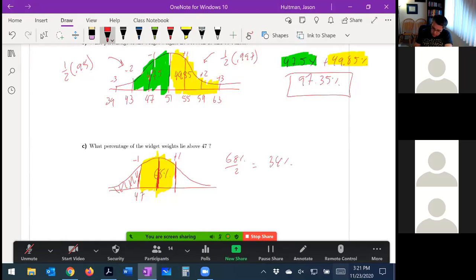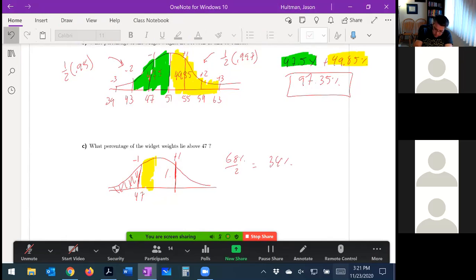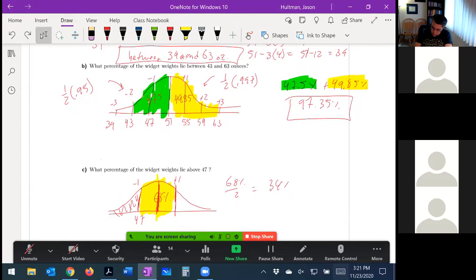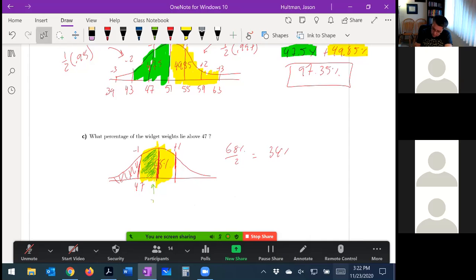So this in here, let me get rid of that. Let me put this piece in a different color. This lemon lime piece here is 34% of the graph. So what would be the red part?